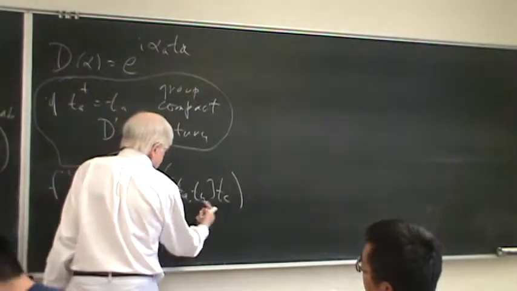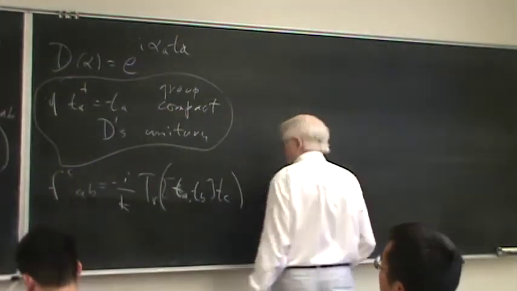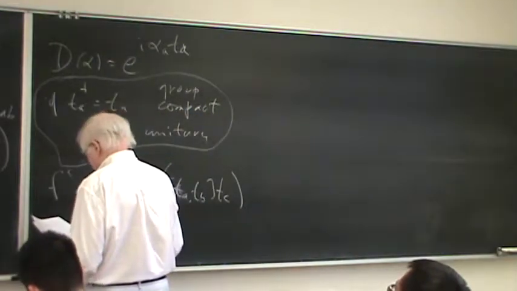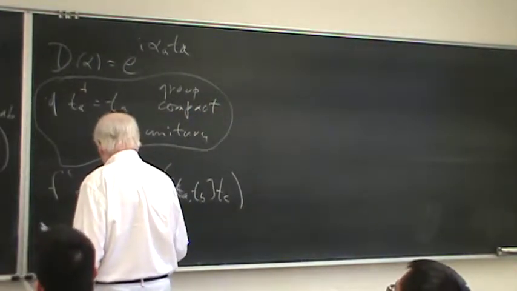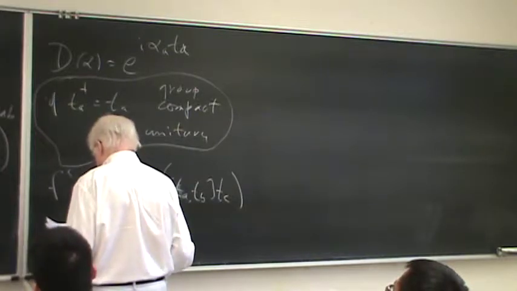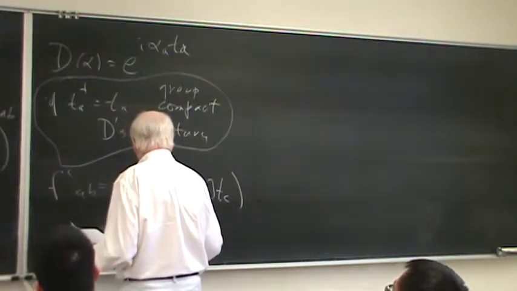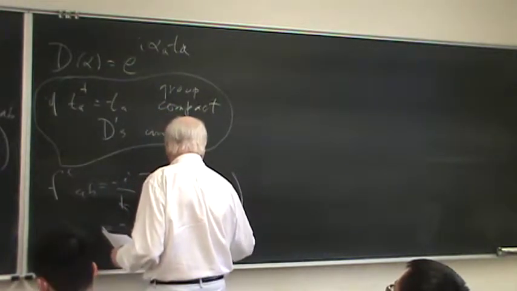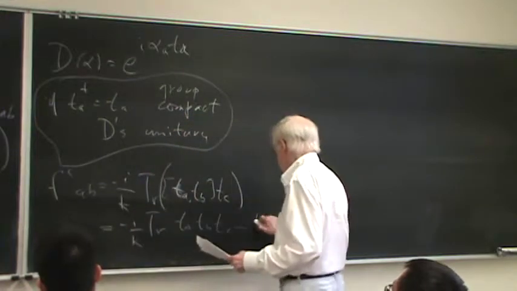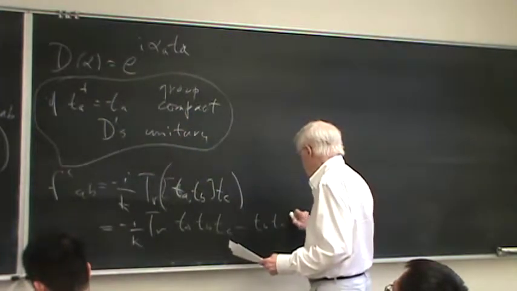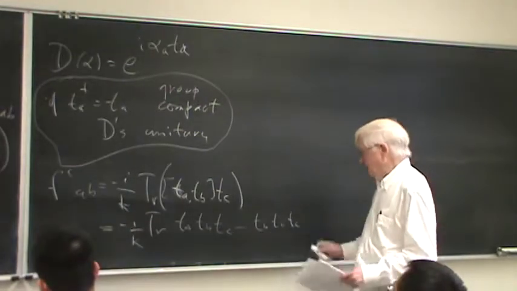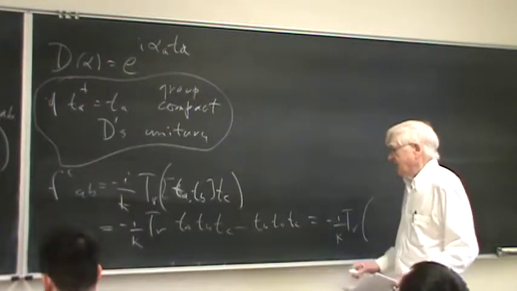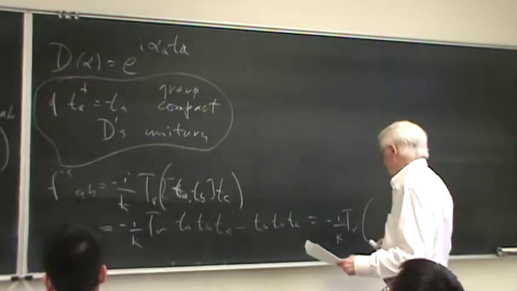And now if you use the cyclic property of the trace, what you can show is, I'll maybe do one of these, but I don't know if you want me to do all of them. It's then the trace, of course, of T^A, T^B, T^C minus T^B, T^A, T^C. And now you can write that as minus i over k trace. And now you can move the C's forward, say.